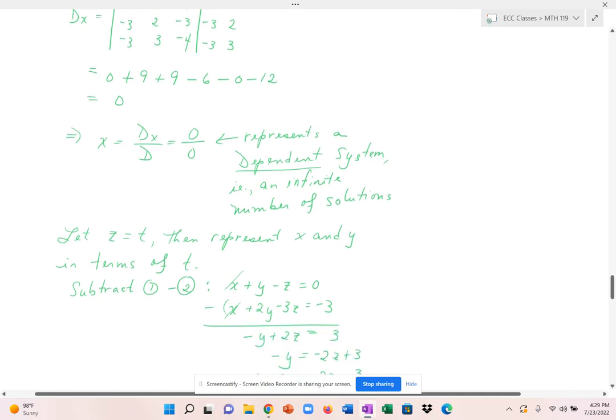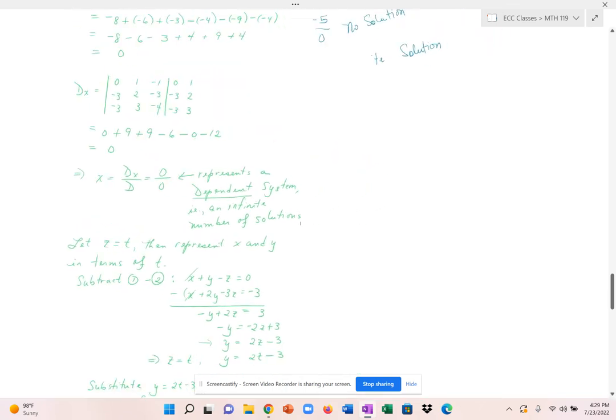I know that I'm going to let z equal t. So what I did was I took two of the equations, and I just need to look back. Oh, it's equations 1 and 2, and I subtracted them because what I want to do is solve for y.